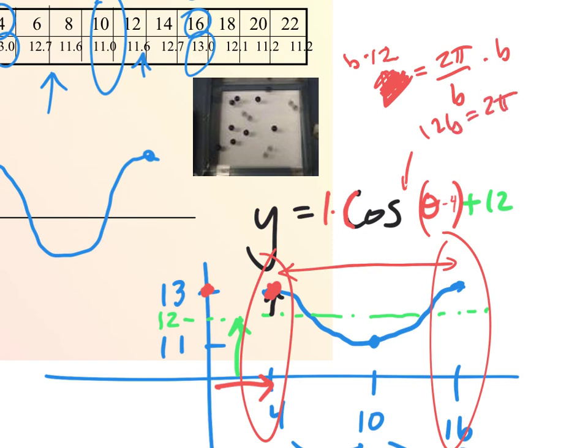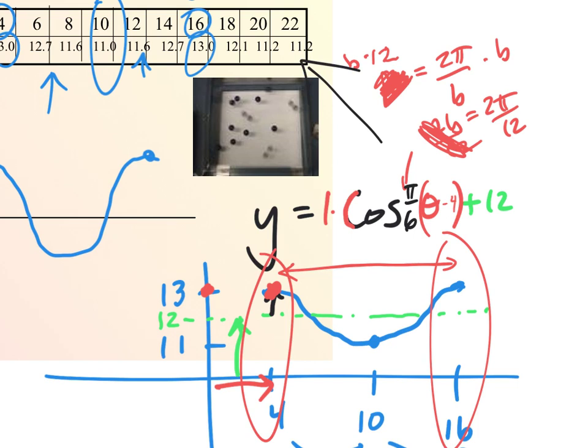And again, I'm trying to solve for B here, so I'm going to divide both sides by 12. And now B is equal to 2 pi over 12. Can I simplify that? Sure. Pi over 6. So that pi over 6 goes in the B spot, which I'm going to put right here, pi over 6. There we go. I've got the equation that will make this data happen.